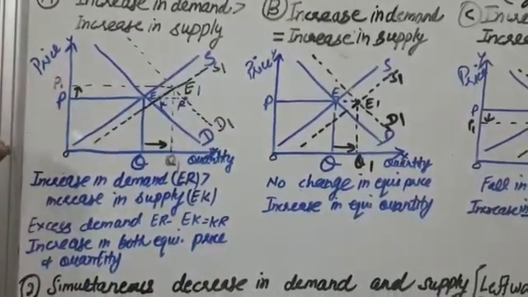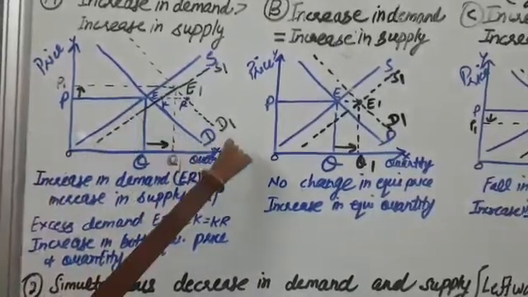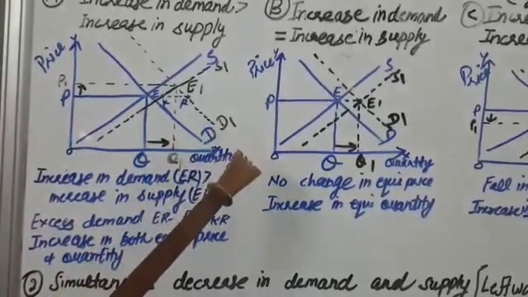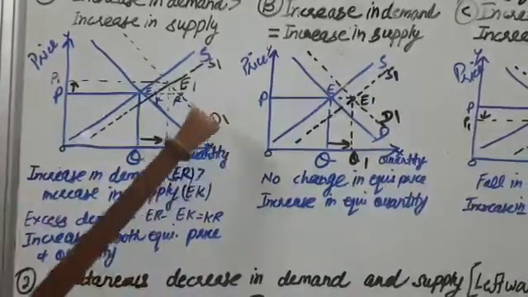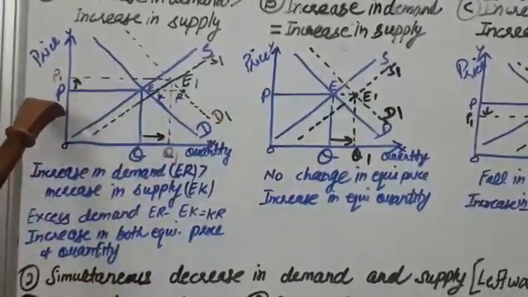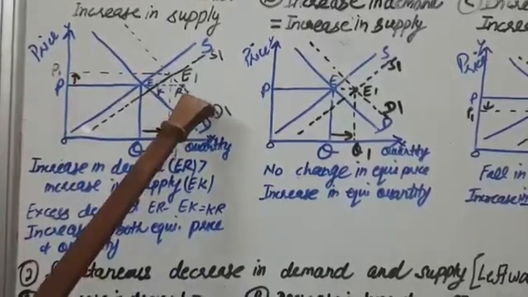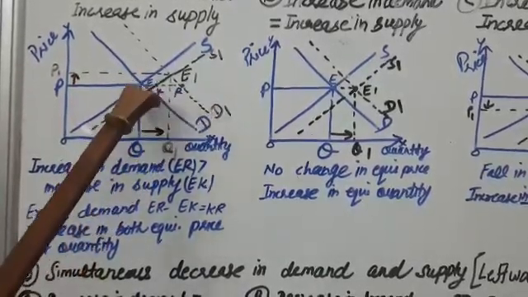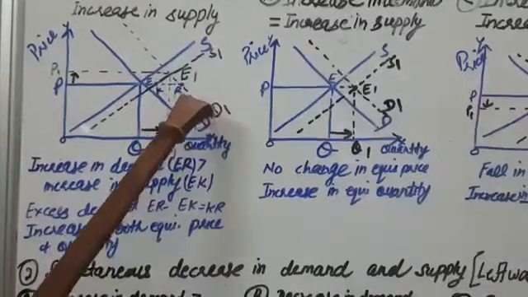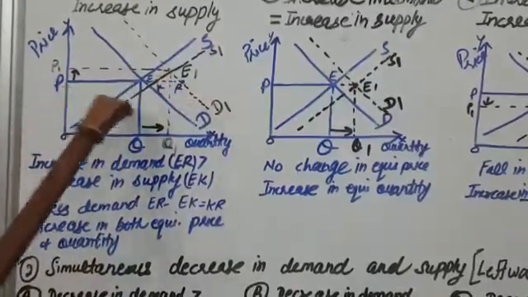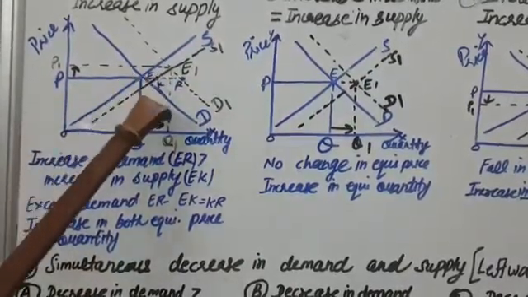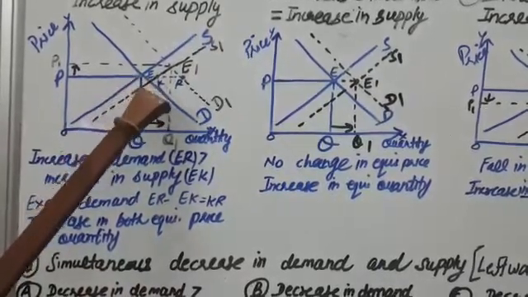Now when demand increases, demand curve shifts rightward. So at equilibrium price P, there is excess demand. Excess demand is ER. And at the same price, when supply increases, there is excess supply EK.